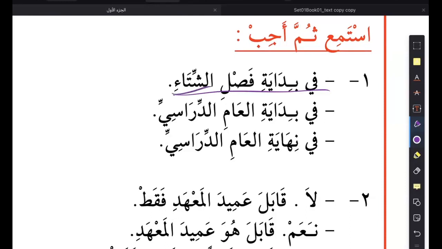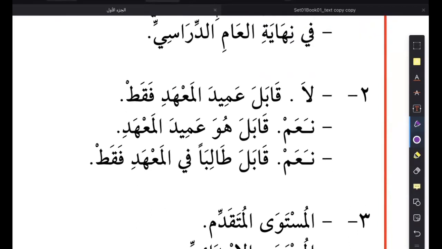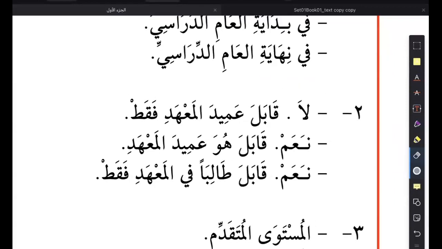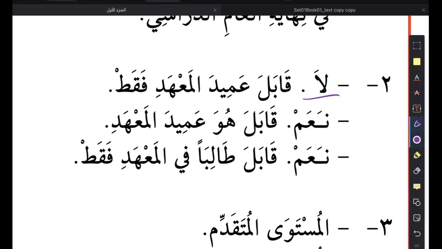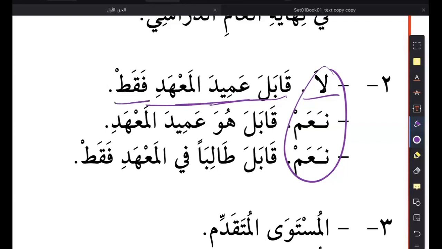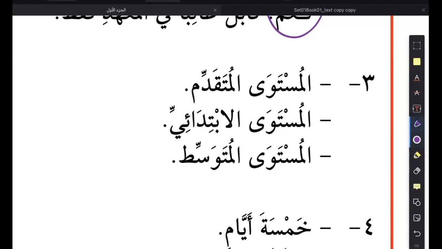Okay, shita is winter. لا قابل عميد المهدي فقط. So, what does it mean? La means no. The listening part was probably about asking something. He asks some question, hal, because he's saying la or nam. Then he's saying qabala, he met Amid al-Mahdi faqat. He met the dean of the institution only. So probably he asked, did he meet someone else or not? We don't know the question, honestly.